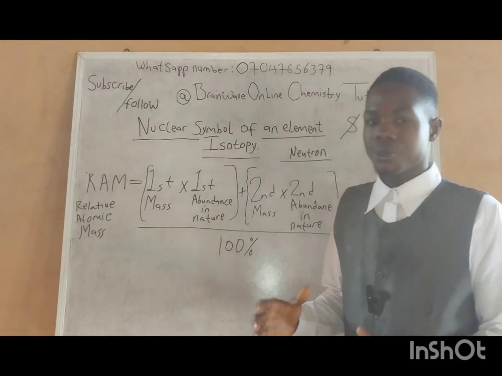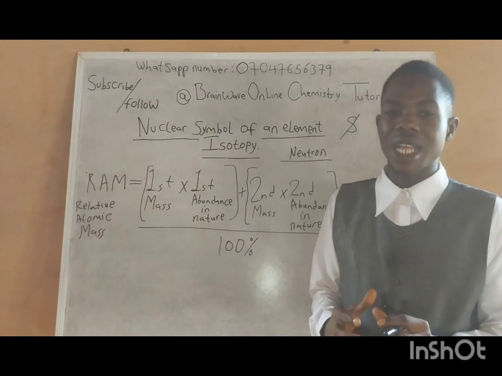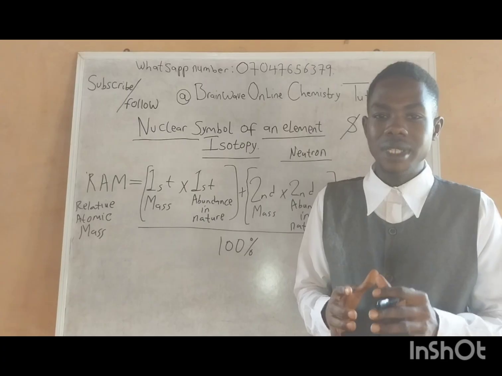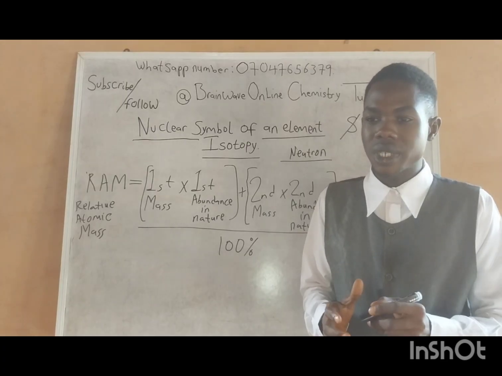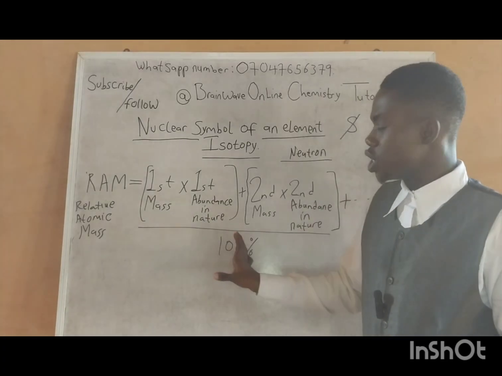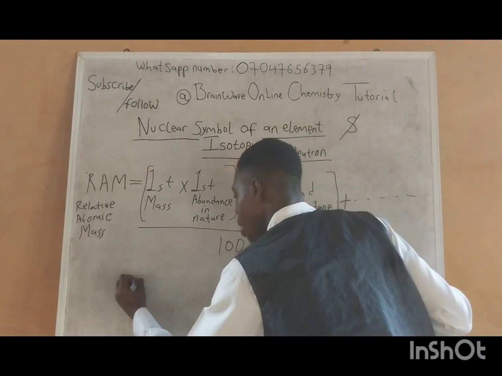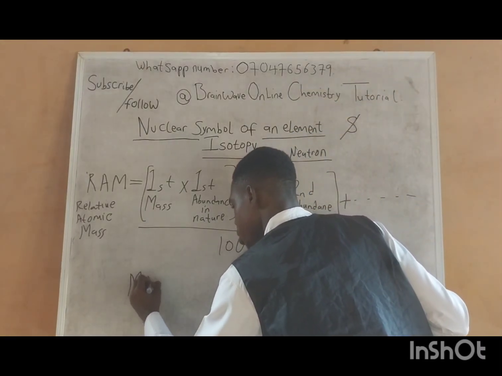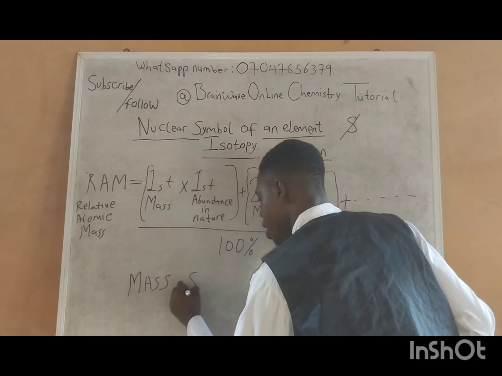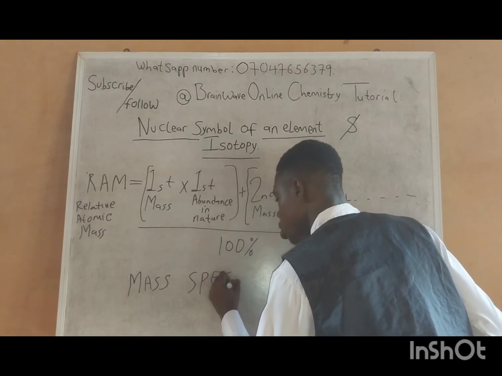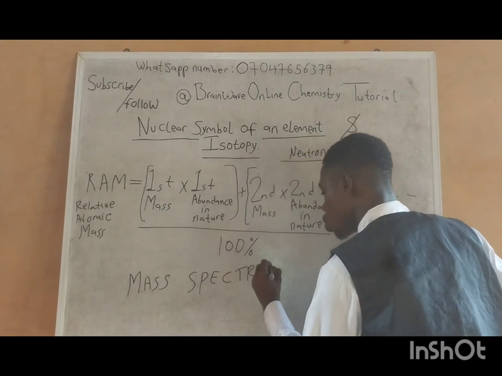Now, before I end the class, please take note that the instrument for determining the number of isotopes under isotopy is known as the mass spectrometer. Please take note of this instrument, mass spectrometer.